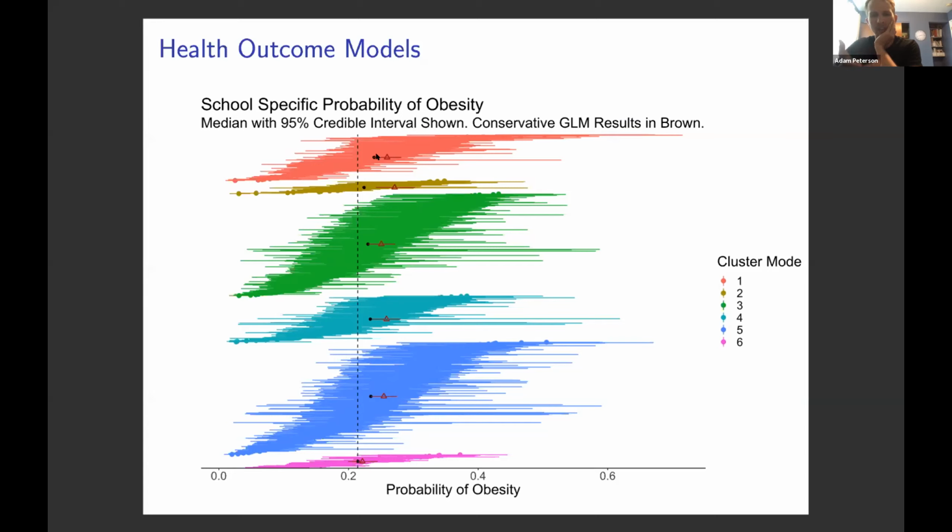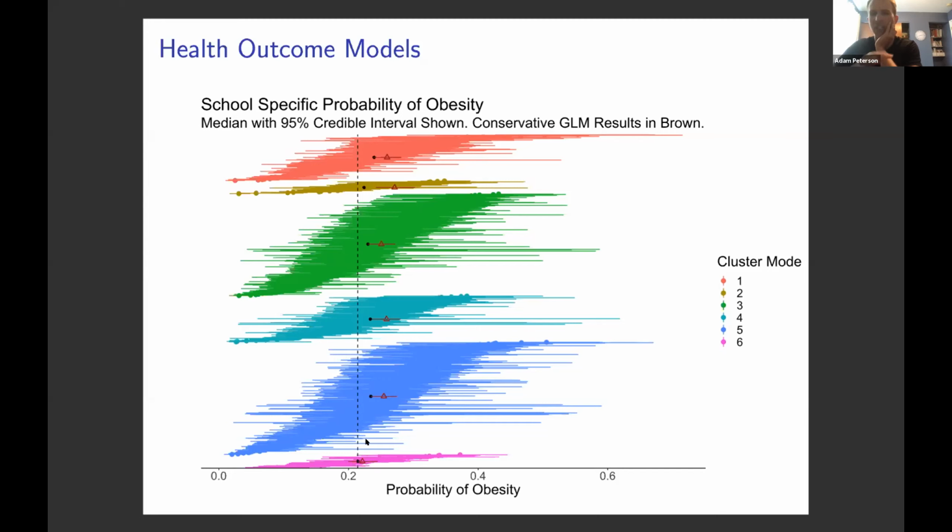And this is great because we do see what we expected. It's not a huge dramatic difference, but you can see there's about a 25% probability of obesity at schools belonging to cluster 1. As we go further down, schools assigned to cluster 6 have a probability of around 22% of being obese.